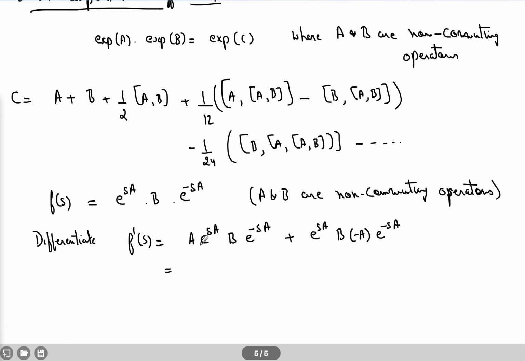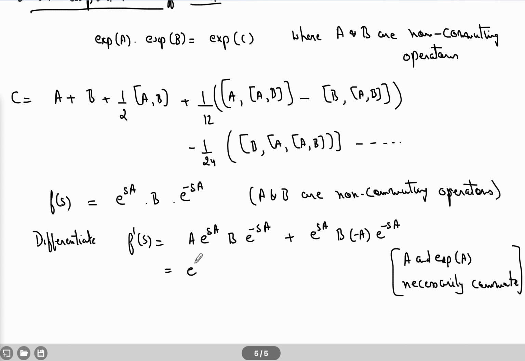Here the fact which is used is that A and exponential of A necessarily commute. This can be tested: you can take any operator A and see if it commutes with the exponential of that operator, right? So then I will write it inside.